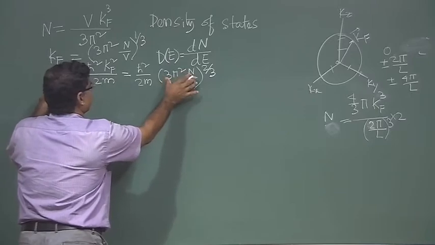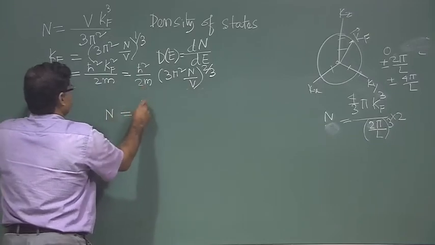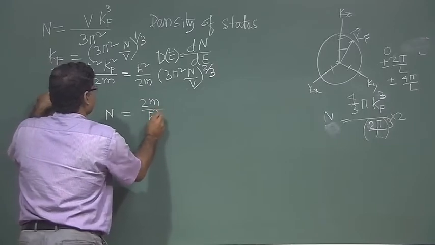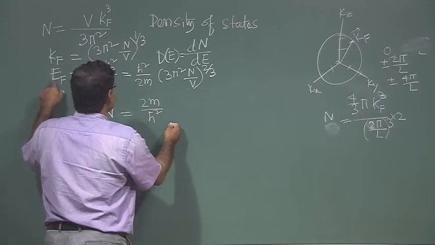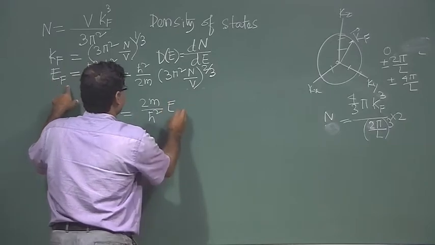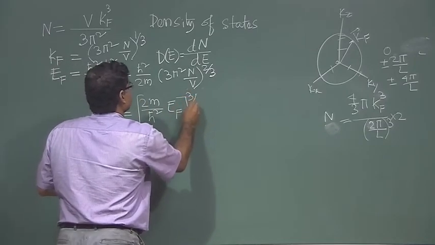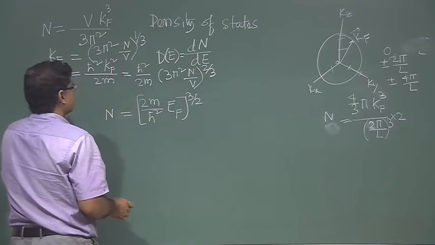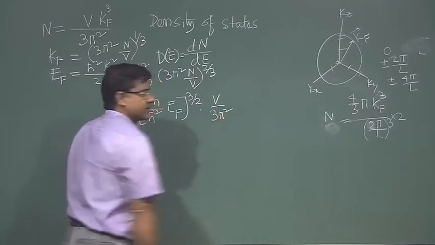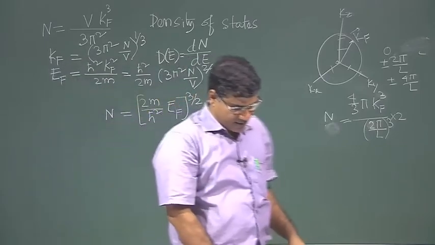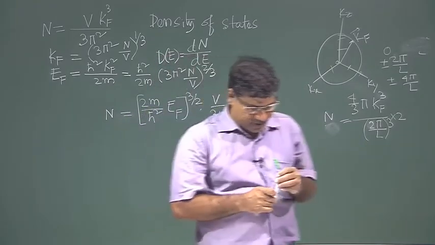So, n equal to 2m by h cross square, and then this EF is there, but okay, let me write EF, and then 3 by 2, okay, then V by 3 pi square, that is the expression for n. So, 3 by 2, it is n 3 by 2.